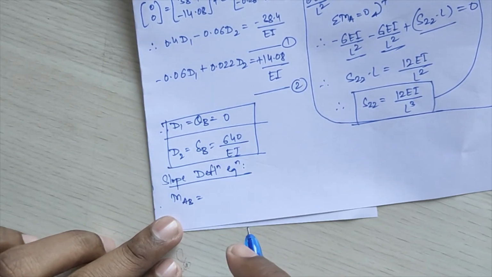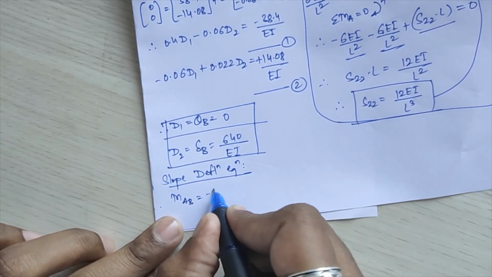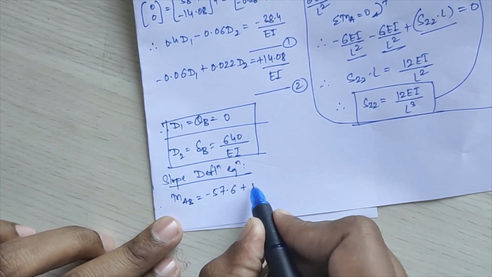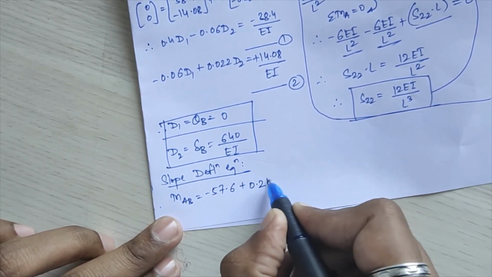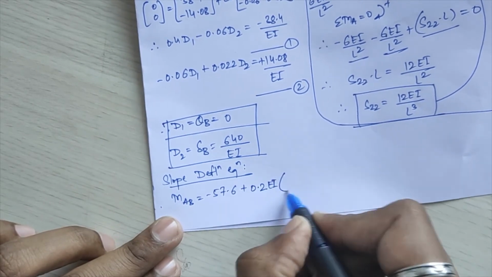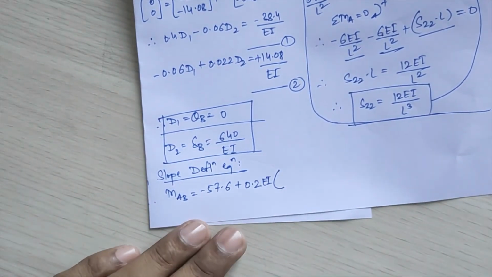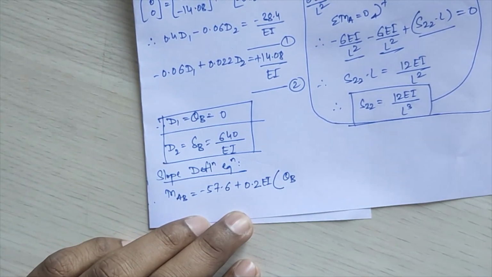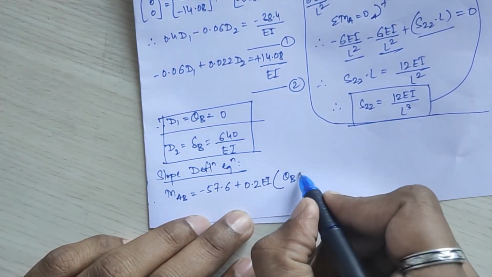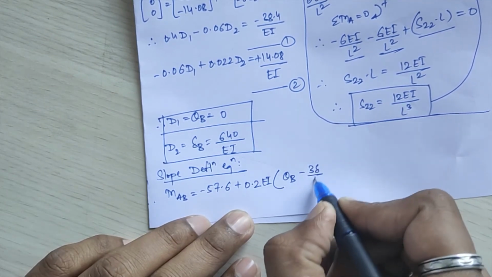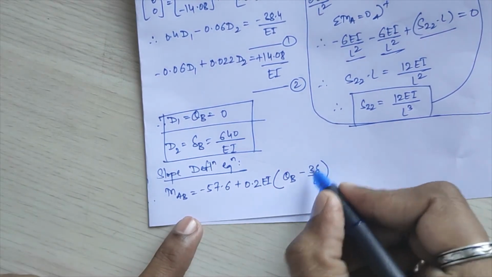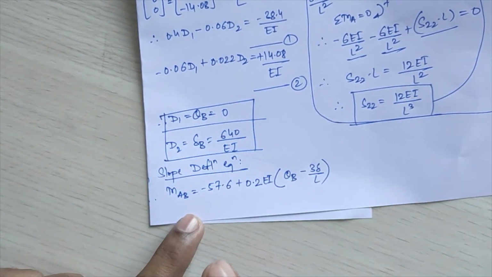MFAB I have got as minus 57.6 plus 2EI upon L, so L is your 10, that comes to 0.2 times EI into bracket theta A, which will be 0, so just theta B remains, minus 3 delta upon L. Now here you have to consider the delta value, and that delta will be this theta B value.